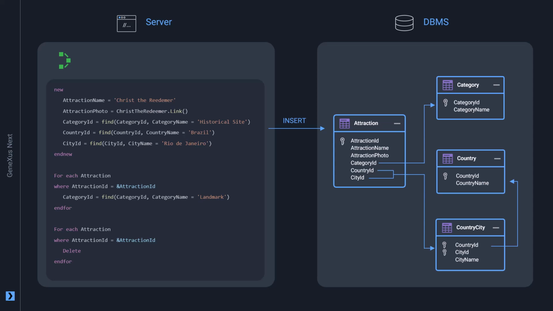To update a record in a table and optionally its related records through the extended table, we use the for each command, directly updating the desired attributes in its body. For each iteration, an update order will be sent to the DBMS without any checking. And to delete a record from a table, we access it with the for each command and use the delete command within it. Again, no checking is performed.